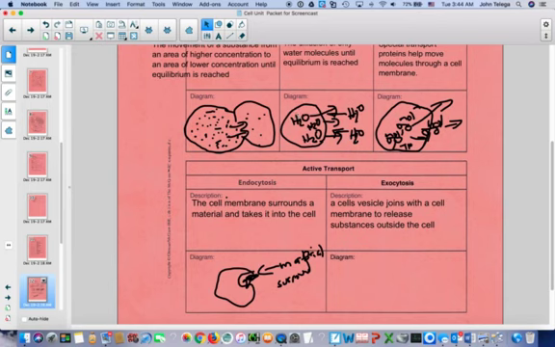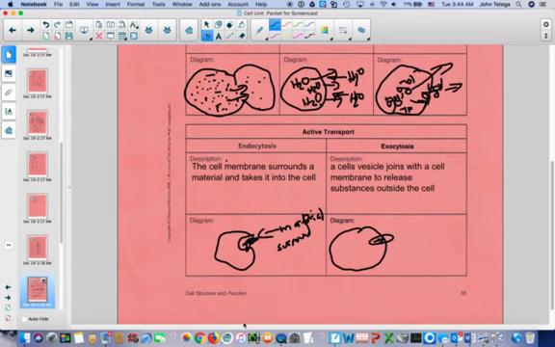So that diagram kind of looks like this. So we have a substance inside of the cell that is joining with the substance outside of the cell, and then it's using that little creation as a gap for movement.